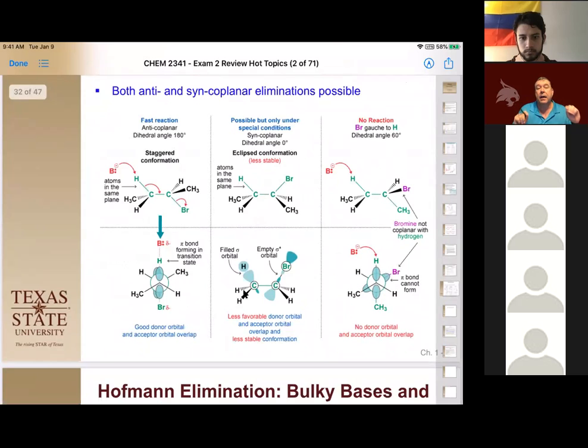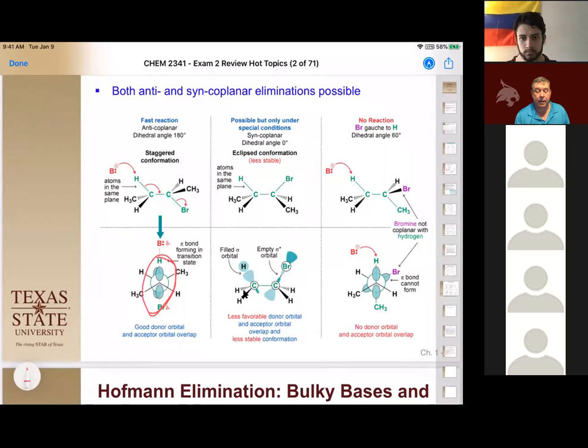Now, because it's bimolecular, we have a specific orientation where the hydrogen has to be preferably anti to the leaving group. So you have to think about this as far as sterics go, and maybe in a ring, if you can't get the hydrogen anti to our leaving group, as shown in this configuration here, our Newman right here, that allows the electrons to kick in, form our double bond, and our electrons to kick out with our bromine and make that reaction happen quickly.